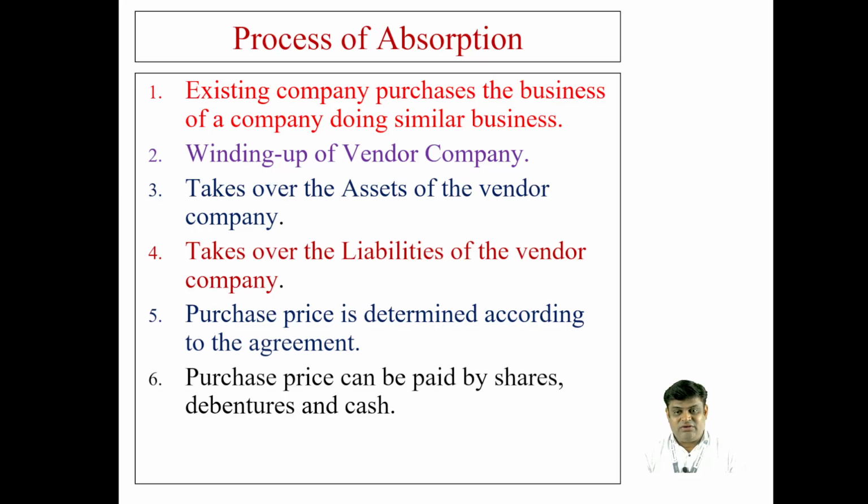When there is a balance of even 1 rupee, in asset or liability, the company's existence is there. It doesn't get wound up. Exactly for that purpose we have to see how the company is closed down. The closing entries are necessary to be passed in the books of the vendor company.